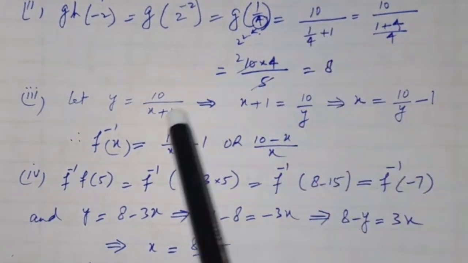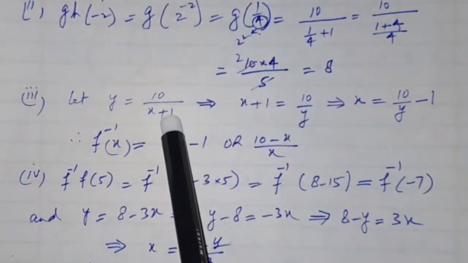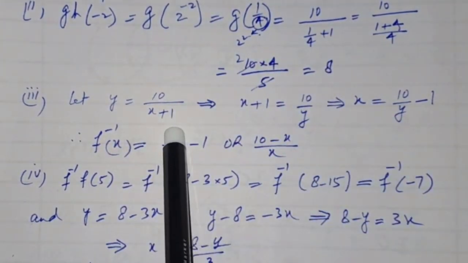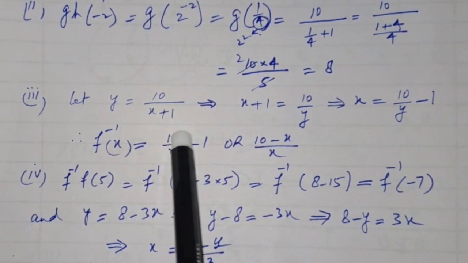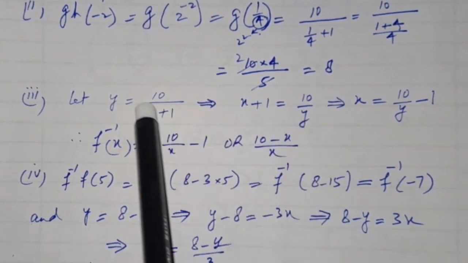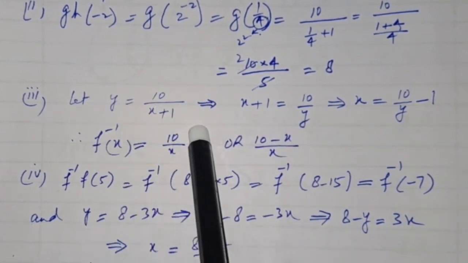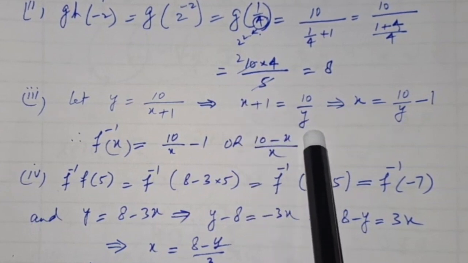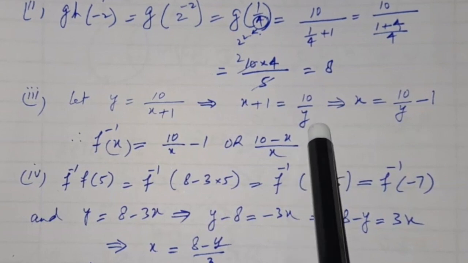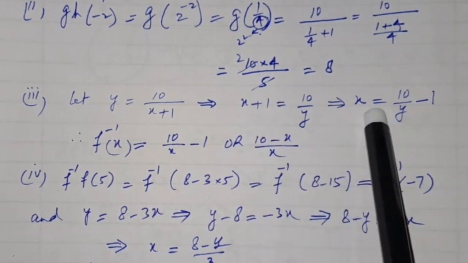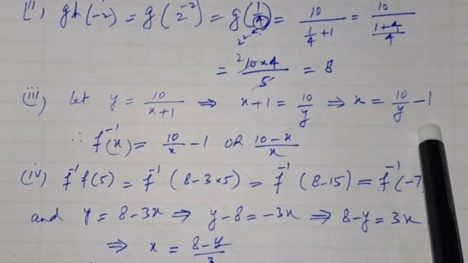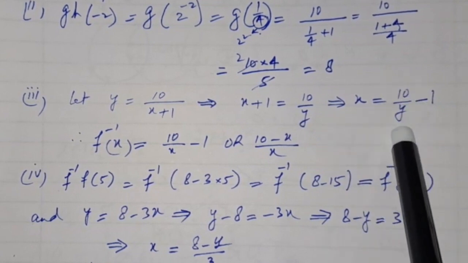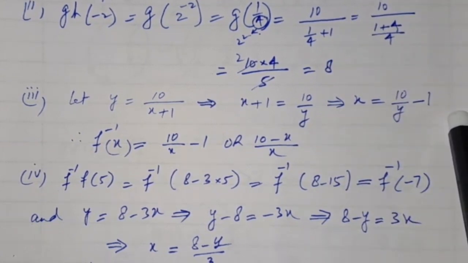So I have taken y equal to 10 over x plus 1. Then I am going to make x the subject. So x plus 1 comes here and y goes there. x plus 1 times y, cross multiplication. And then I have to make x the subject. So 1 goes on the other side and becomes minus 1. So x is equal to 10 over y minus 1.